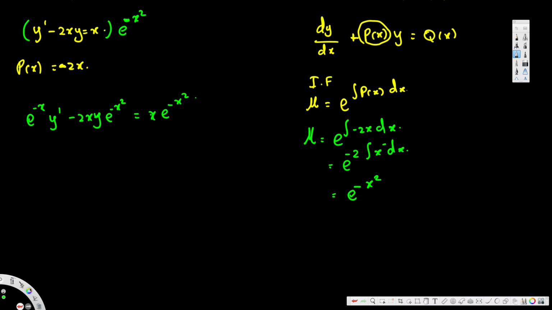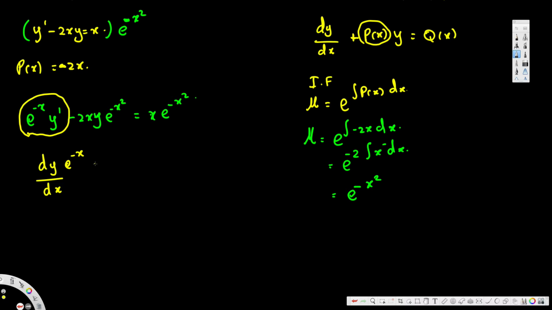Now the purpose of finding the integrating factor is that when you multiply this whole thing by the integrating factor for a first order linear differential equation, if you take this part alone and take the derivative, this is d by dx of y e to the power negative x squared. I put dy by dx instead of y prime, and if you take the derivative of this you will get this back by the product rule.